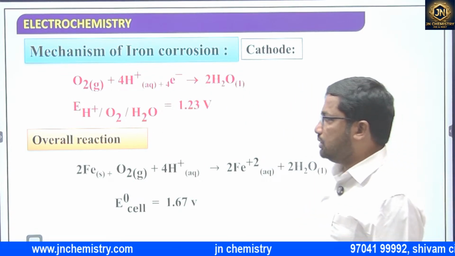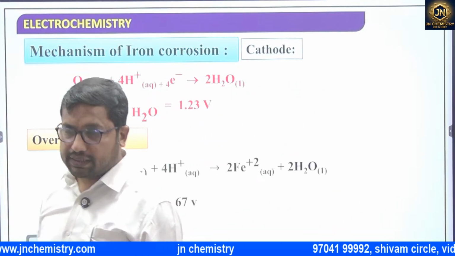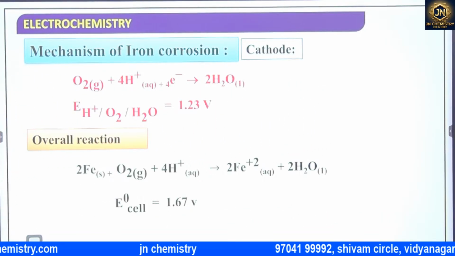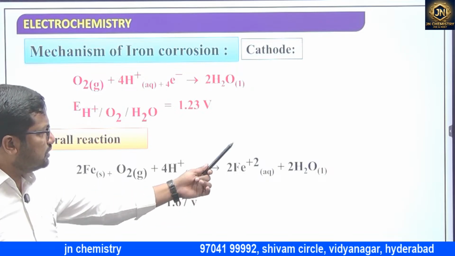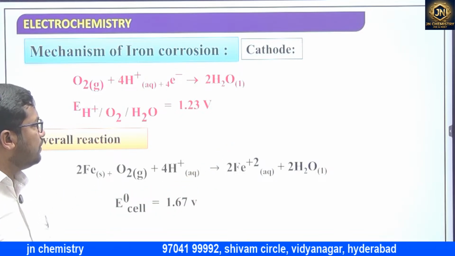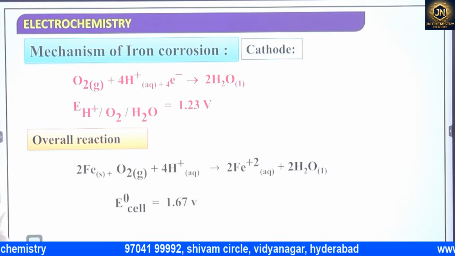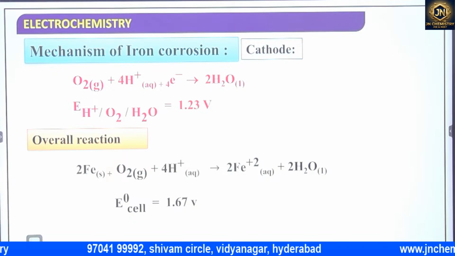This is called corrosion. Write it down. In the iron case, what exactly does corrosion mean? Oxidation reduction, simple, nothing more. Fe plus O2 plus 4H+ gives rise to this. E naught cell is 1.67. Okay?